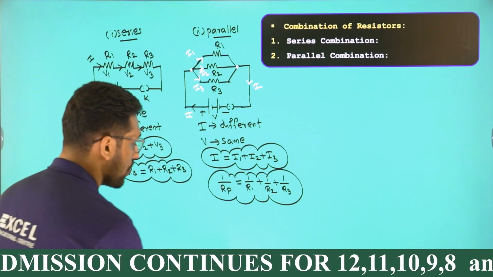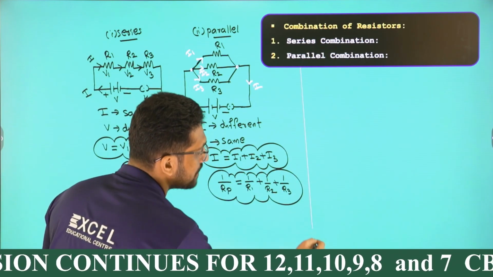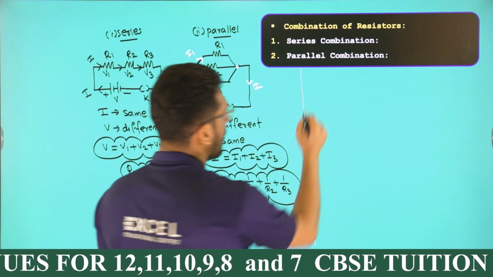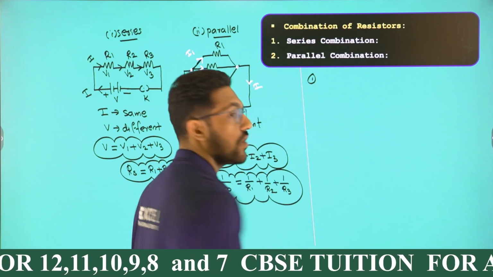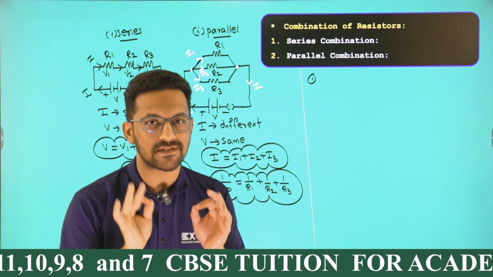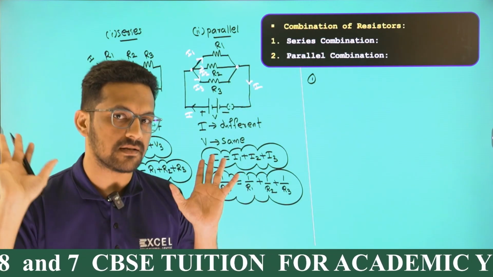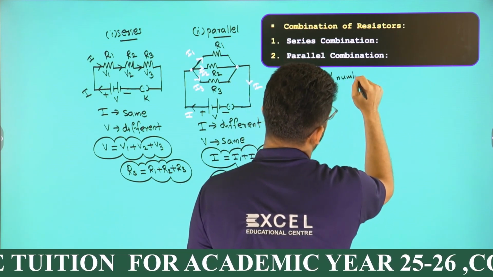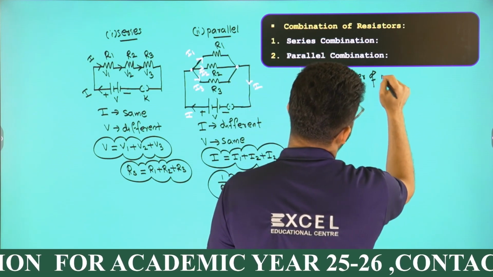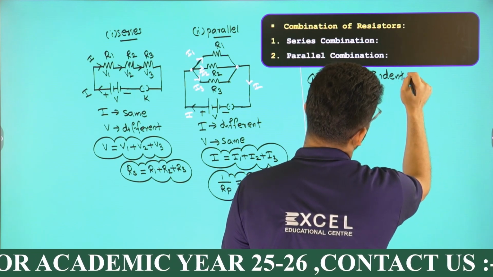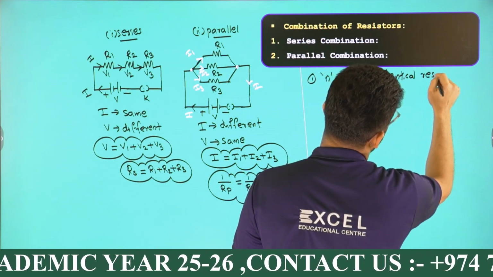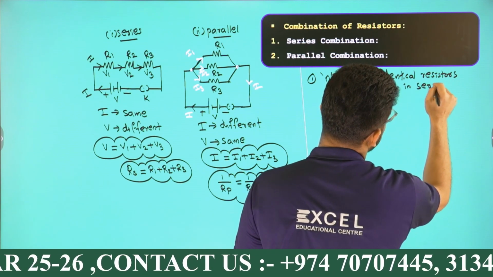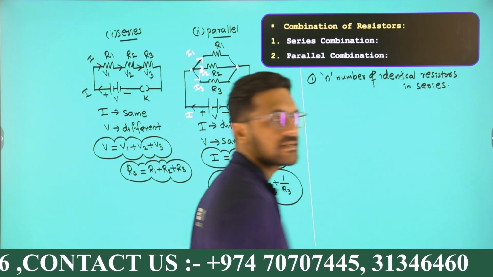Now I am going to give you some special equations. What is the first one? If you have n number of identical resistors connected in series, let's see that. What are identical resistors?